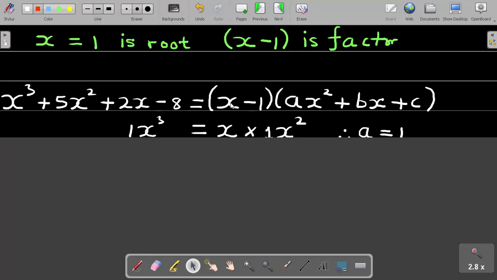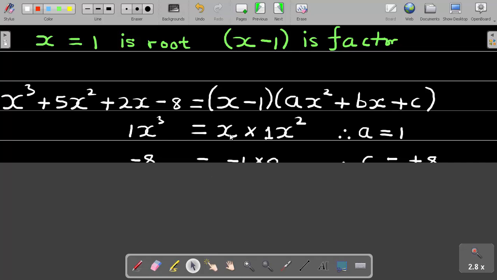This is by multiplying x times ax squared. So that means I have to multiply x times 1x squared because I want to get 1x cubed. So my a is going to be 1 definitely, because x times 1x squared gives me 1x cubed. Therefore a equals 1.